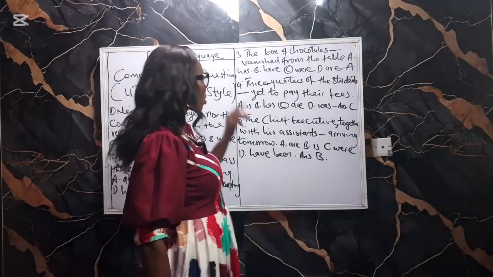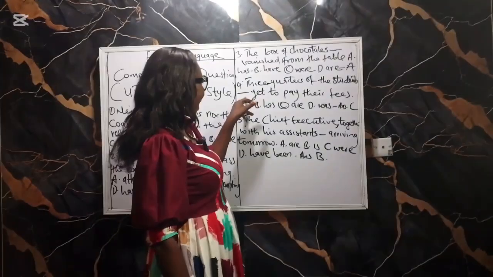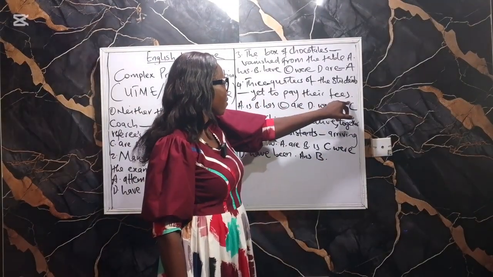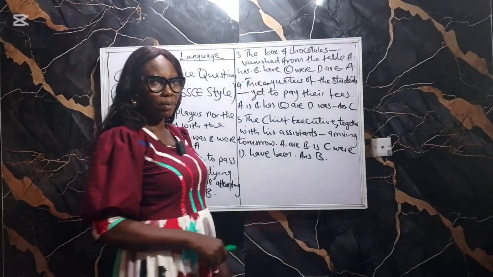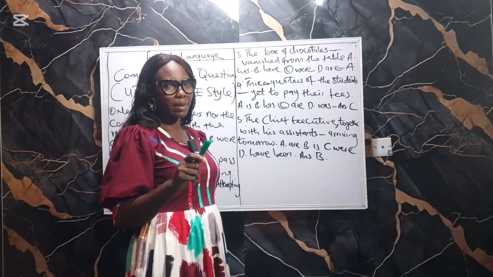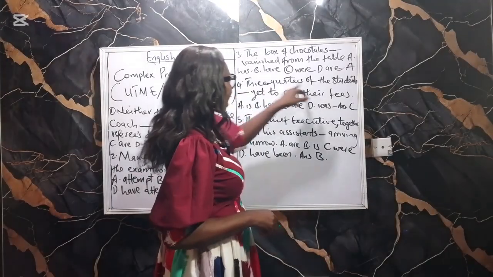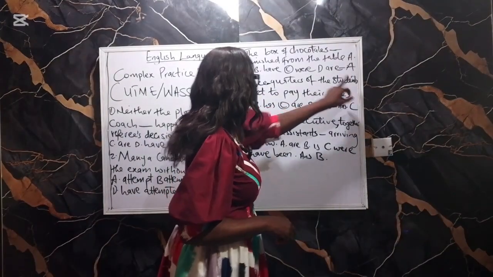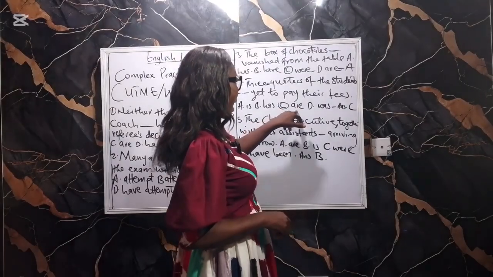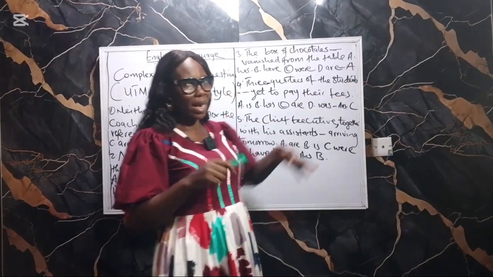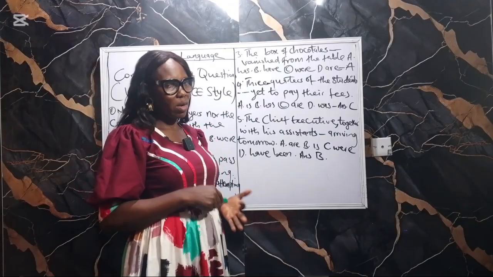The fourth one, three quarters of the students dash yet to pay their fees. Remember, when we use distance, money, and time, we use a singular verb. Here, three quarters of the students: is, has, or are? Remember, when I was teaching it, I used countable and uncountable nouns.